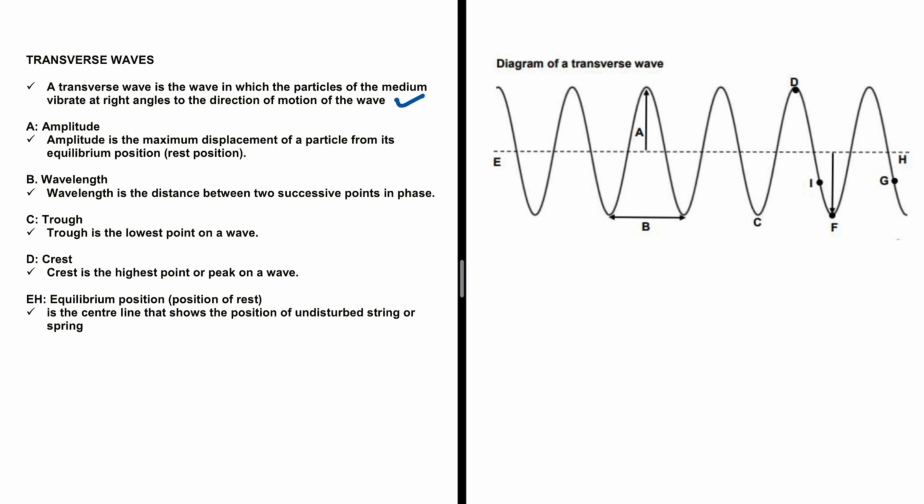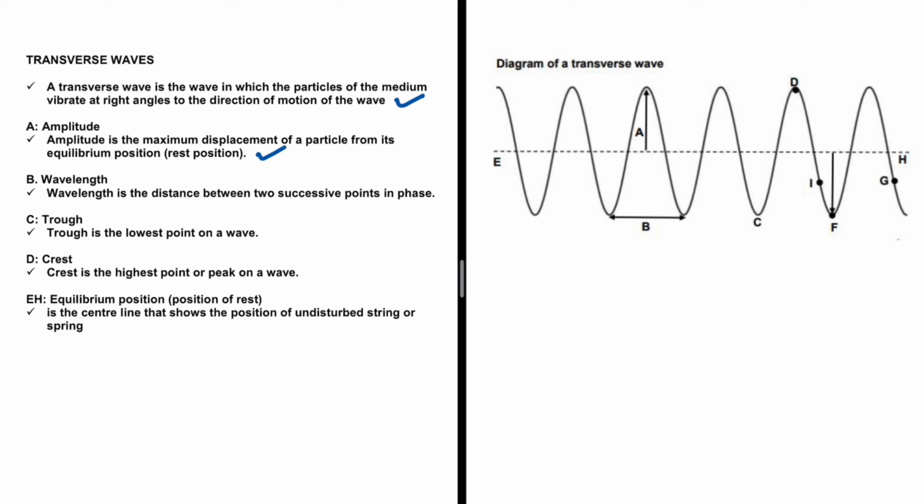Now that you've seen the simulation, I'm quite convinced that you know exactly what we mean when we say the particles of the medium are vibrating at right angles to the direction of motion of the wave. Now let's take a look at a few characteristics of a transverse wave. We have what we call the amplitude. The amplitude is the maximum displacement of a particle from its equilibrium position.